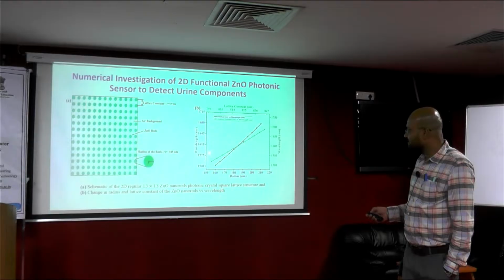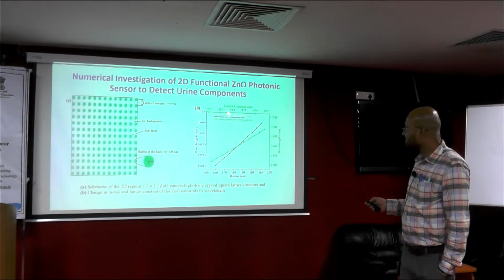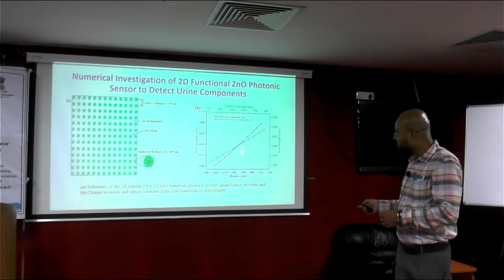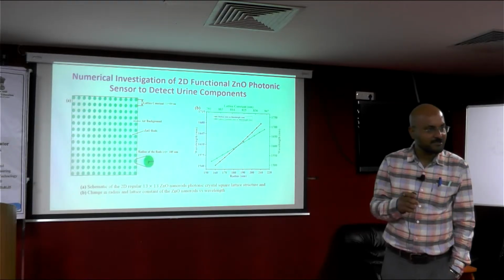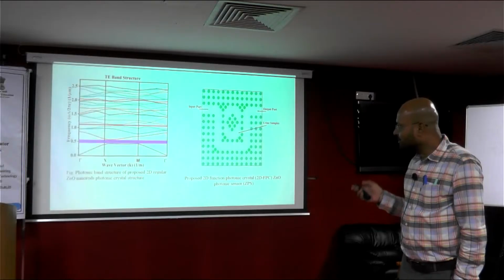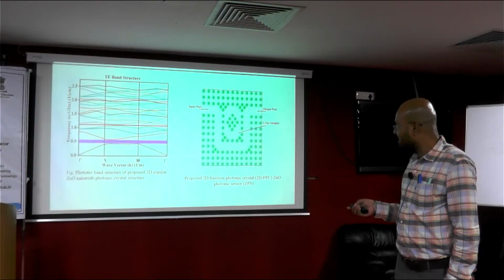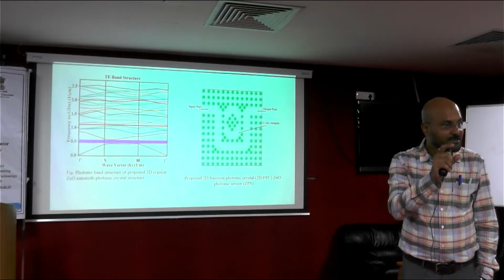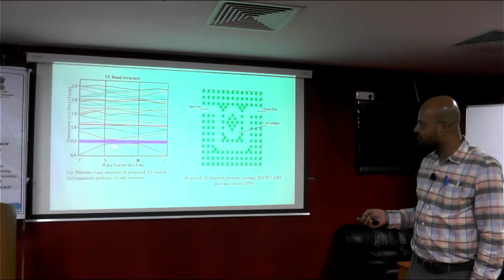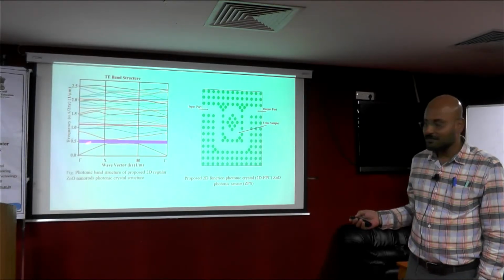We change the radius versus lattice constant, and it intersects here, and we have chosen this lattice constant and radius for this structure. After that, we pass the light of 1550 nanometer, and we got an optical band gap which corresponds to 1550 nanometer.